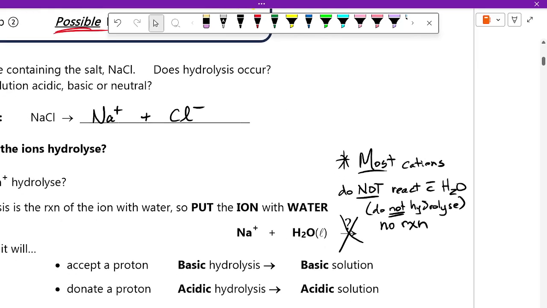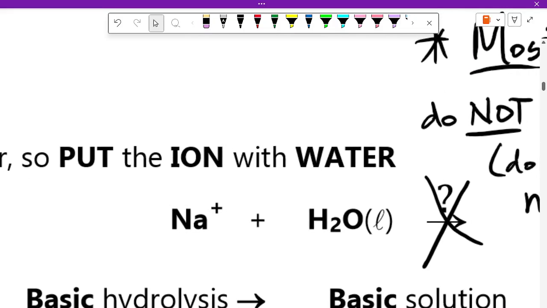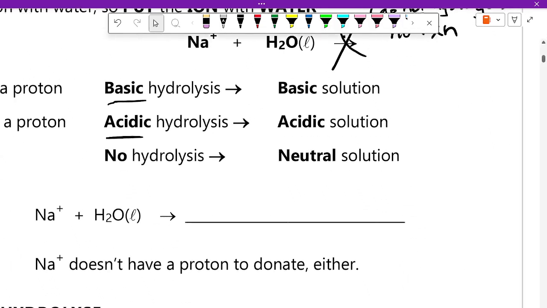Because either the sodium would have to accept a proton, or it would have to donate a proton. If it accepts a proton, you get basic hydrolysis. If it donates a proton, you get acidic hydrolysis. Well, sodium ain't got no proton to donate, right? And what would happen if it accepted a proton?